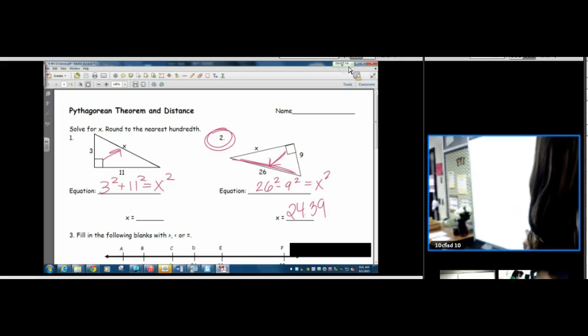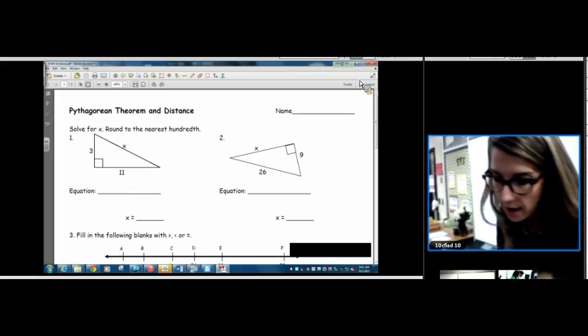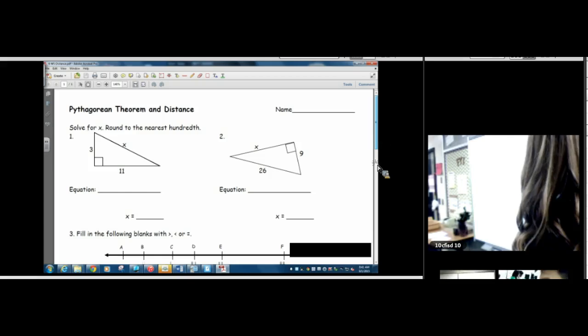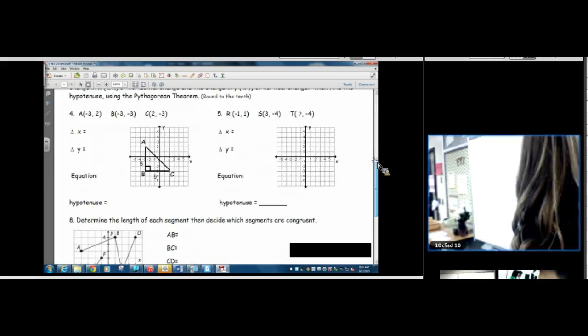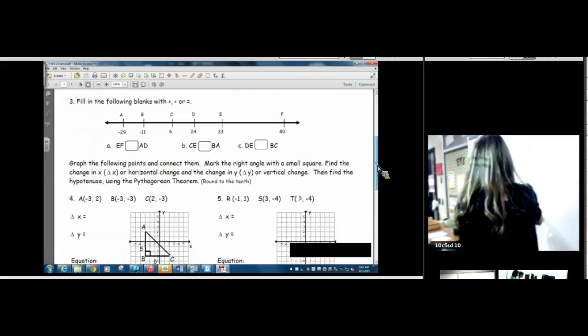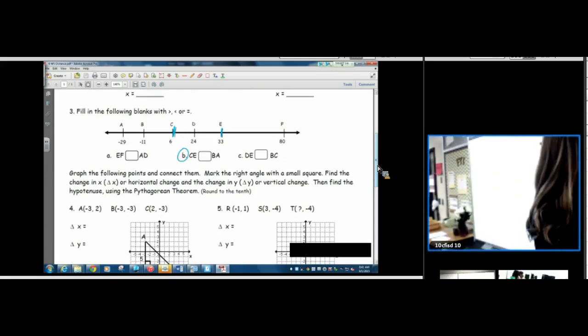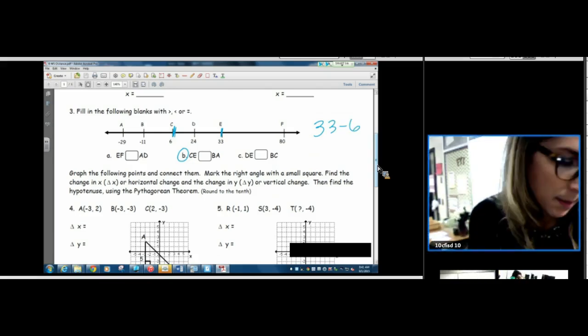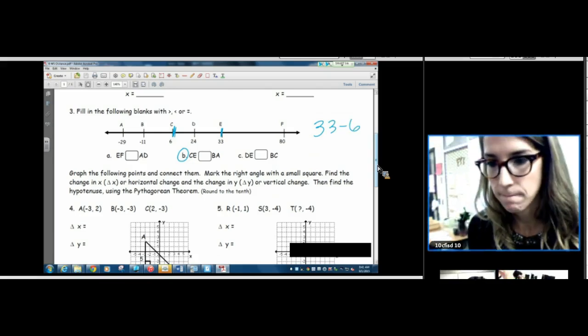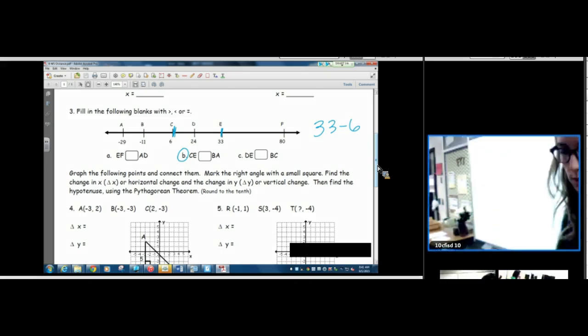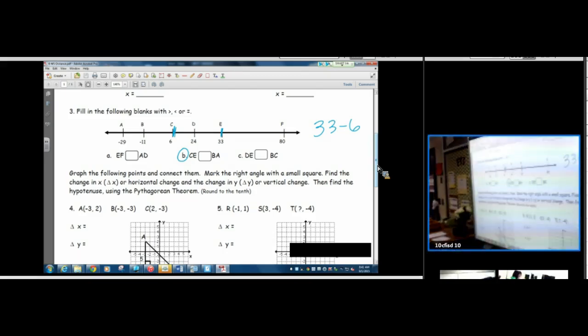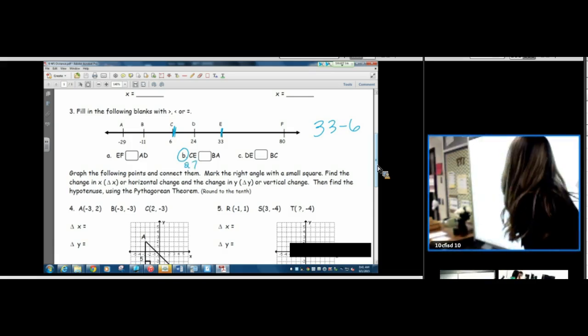Next one that I was asked about is 3b. CE. So we talked about how to find the distance between 2 points, you always subtract. So on that one, we're doing 33 minus 6. So this one is 27.